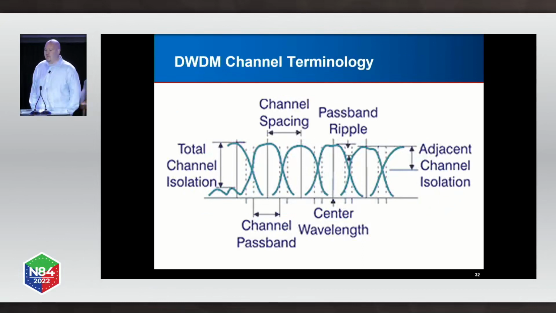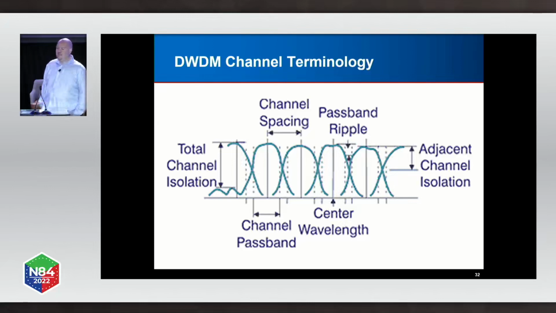So we'll talk a minute about the channel terminology, because this starts to matter as we look at the real details of DWDM and WDM in general and how it works. So remember when I said we talk about 100 gigahertz mux, that's the channel spacing, that's from 0 to 0. So you also have the channel passband, that's the total amount of signal that is sent before you start to be clipped by the edge of the mux and then the other channels that are nearby.